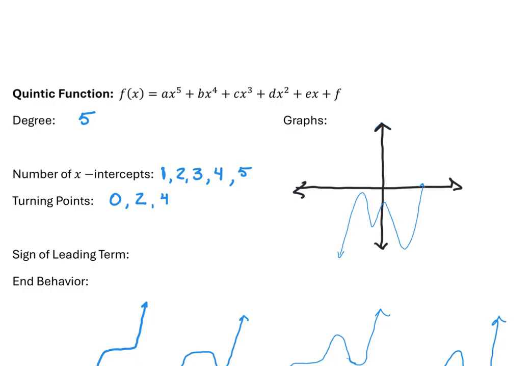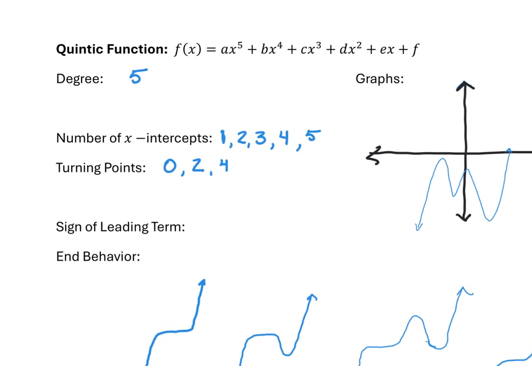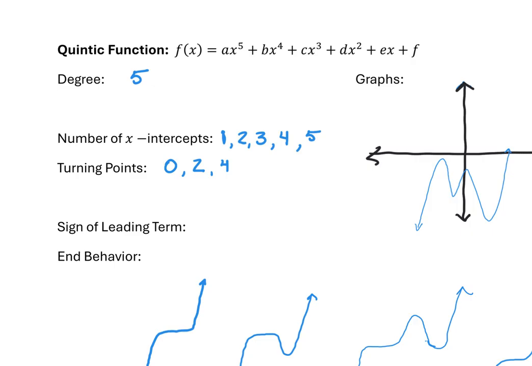The last thing that we do want for this particular slide is let's go over our leading term and our end behavior. So again, our leading term can be positive or negative. And all of the graphs that I drew did have a positive leading term.